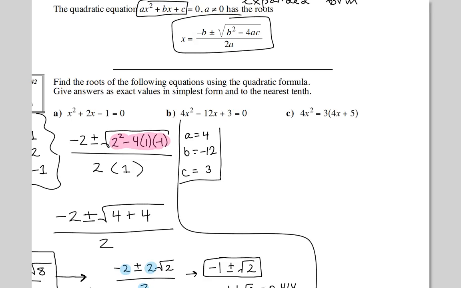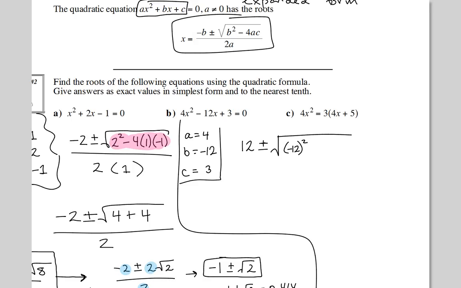Negative B. So right now, B is negative 12, so if you do the negative of that, you get positive 12 plus or minus. Now we got to do the radical. What's B squared? That's negative 12 squared, and notice I put a bracket around that, especially if you need your calculator.